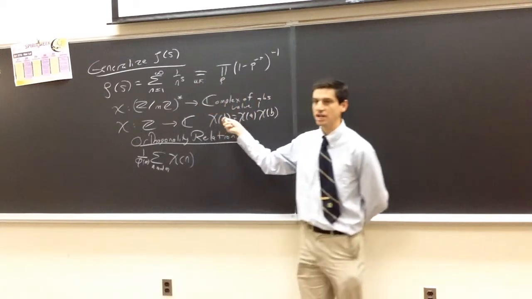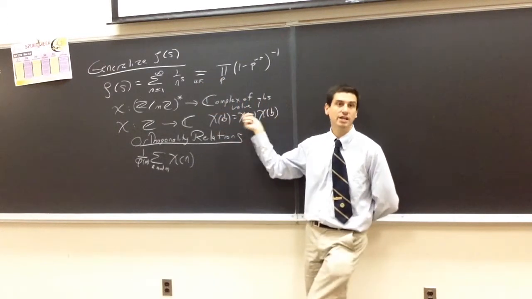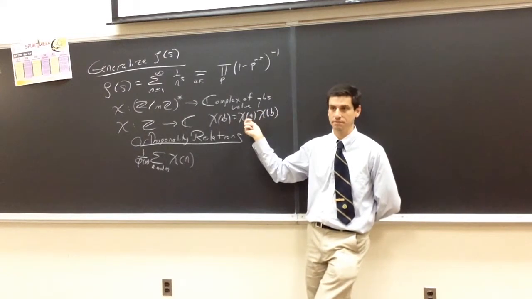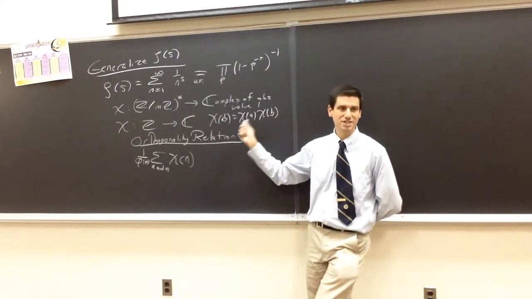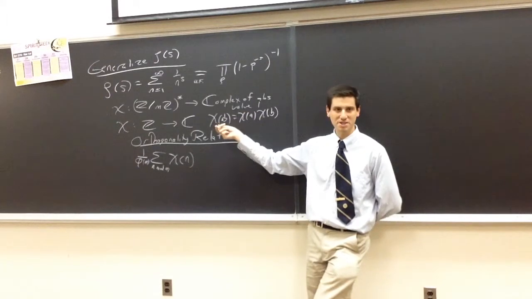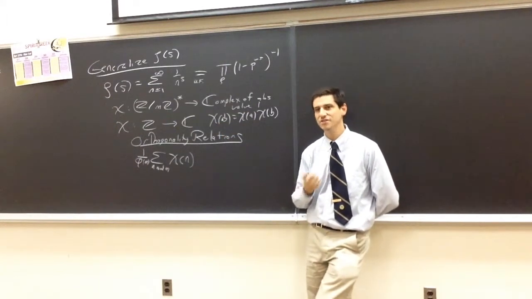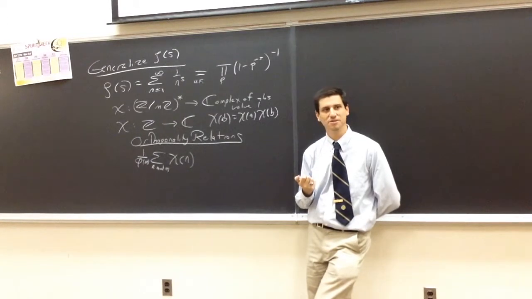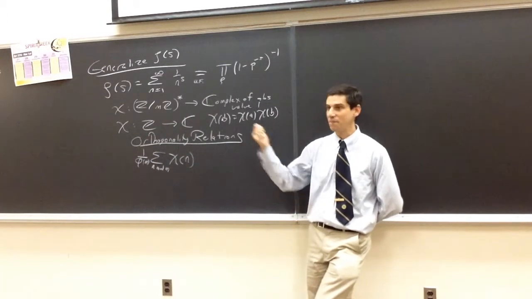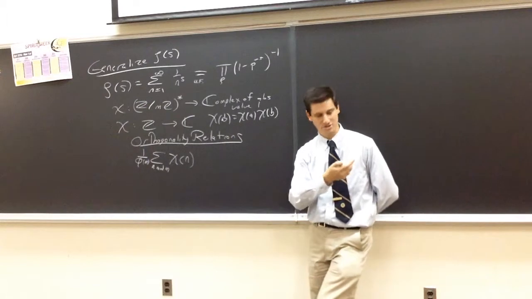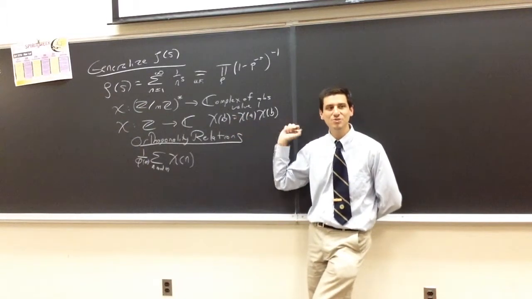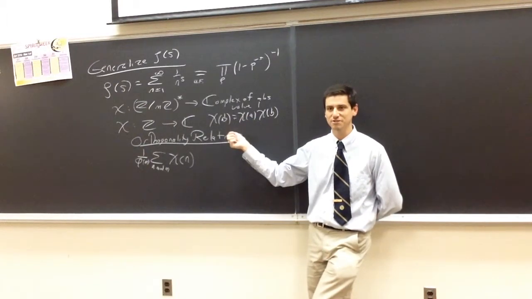So this tells us chi of 1 is chi of 1 times chi of 1. Chi of 1 is either 0 or 1. And if chi of 1 is 0, well then we've just defined a mapping that sends everything to 0. A map that sends everything to 0 is not going to give us any useful information. No useful information at all if it just sends everything to 0.